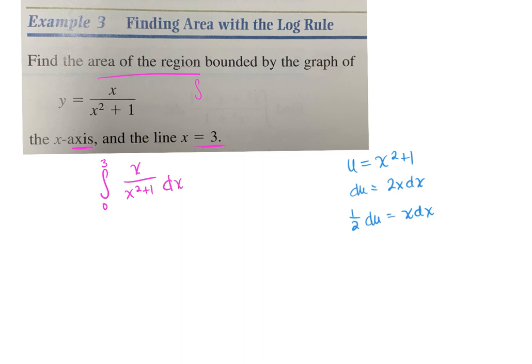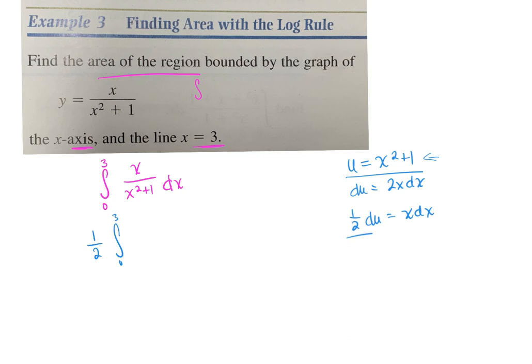And so I'm going to rewrite that using these substitutions here. So 1/2, I can just put that in front from 0 to 3. And again, if you want to replace your 0 to 3, you can, right? So you can plug it in here and change your boundaries if you want to. It's up to you, or you can leave it.